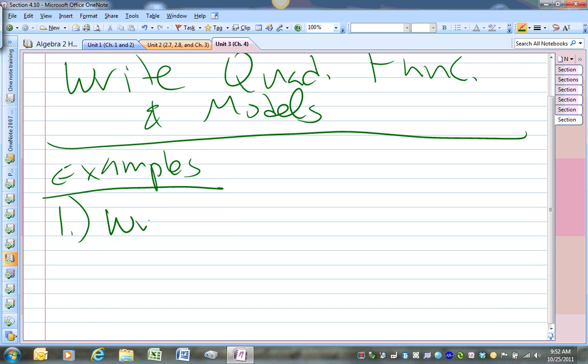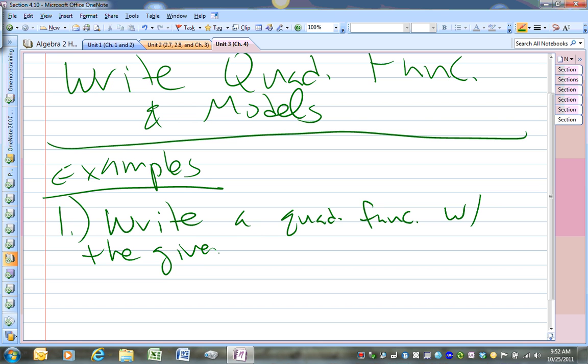You're asked to write a quadratic function with the given information.